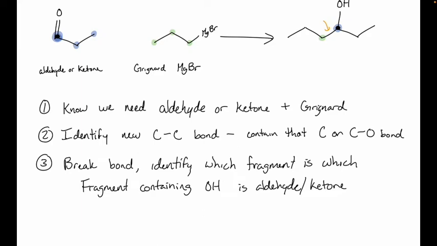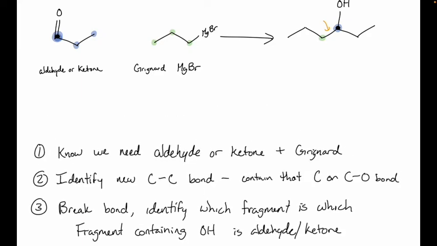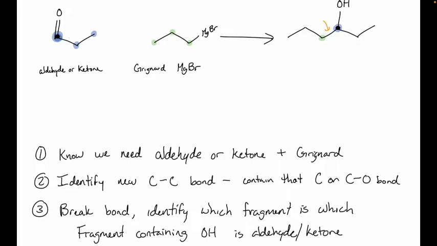What your homework's going to ask you for is not the Grignard with the MgBr, but the alkyl halide that was used to create that Grignard. So instead of writing MgBr, you're just going to write Br. Those are the two fragments that it's looking for.